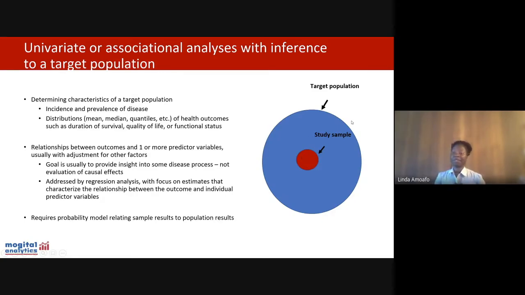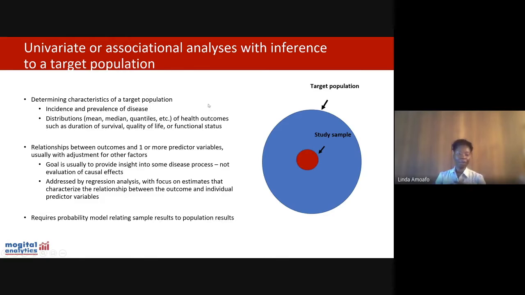If you were able to get to the entire population, some of us would be out of jobs by now, because there would be no need for statistics or for taking samples. But fortunately for us, you can't get to the entire population, so you need a sample, and you need us to be able to get those estimates for you. So you take a sample and you want to make that inference to the target population. What you want to do is sometimes to determine some characteristics of that target population.